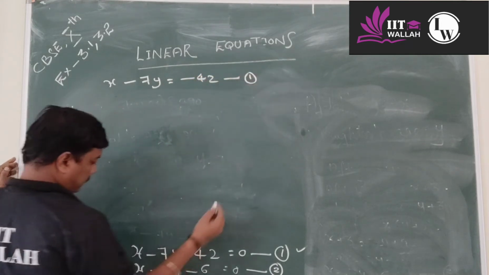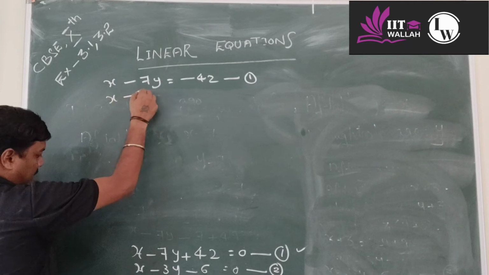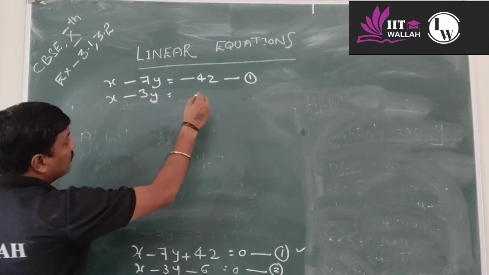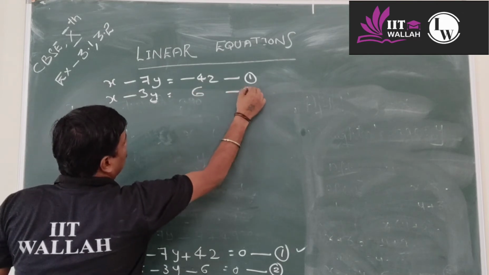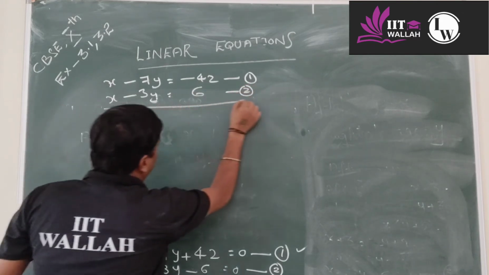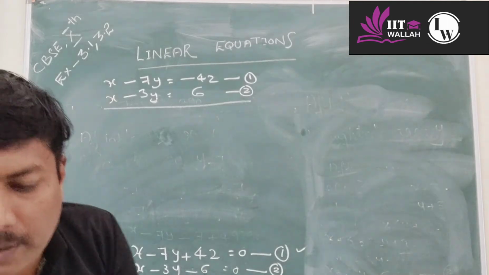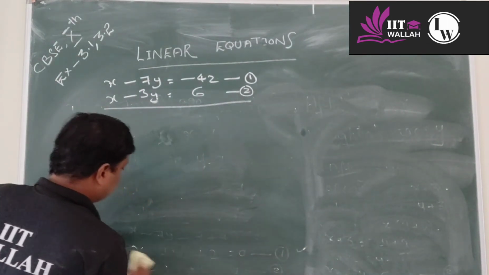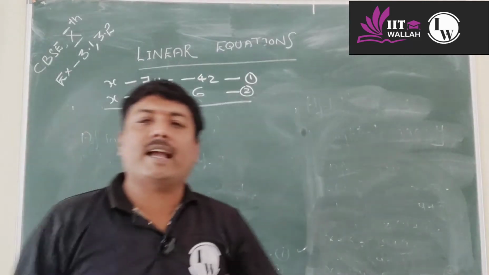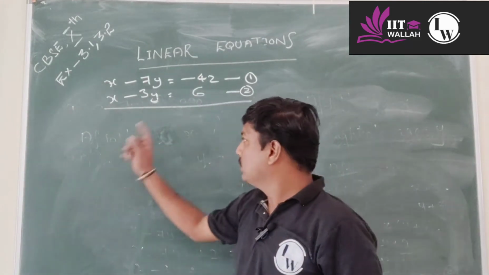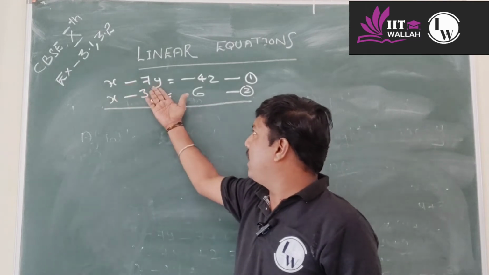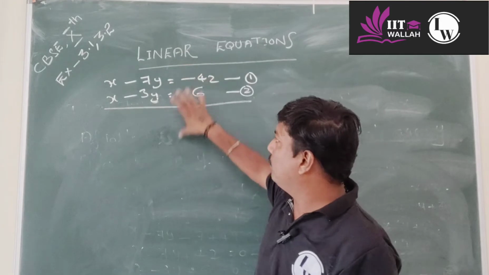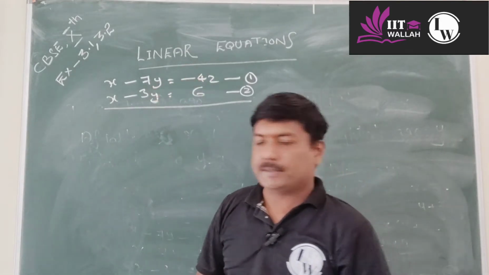This is equation number 1. x minus 3y is equal to 6. This is equation number 2. So listen carefully. x minus 7y is equal to minus 42, x minus 3y is equal to 6. From these 2, we are going to draw the graph.